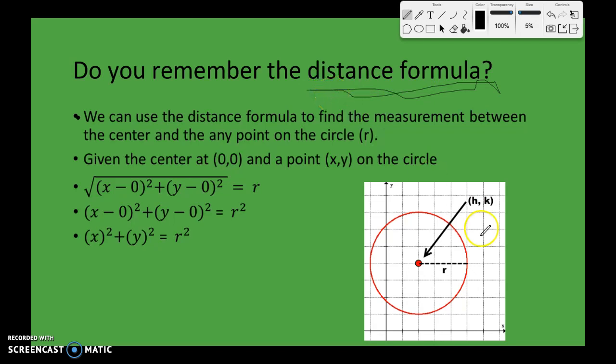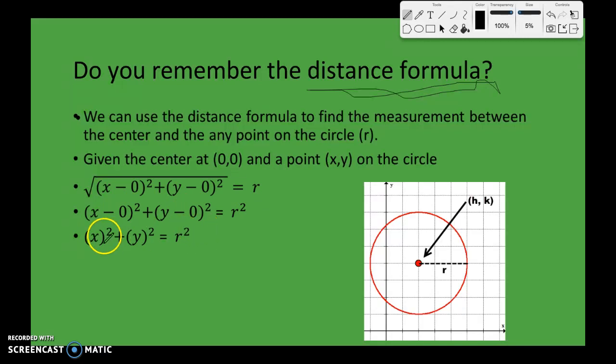Given that the center is fixed and we want the distance from the center to any point on the circle, which is the radius, we can use the distance formula with the h and the k and the x and the y, substitute in the information we know to give us r, and then put that into the standard form.